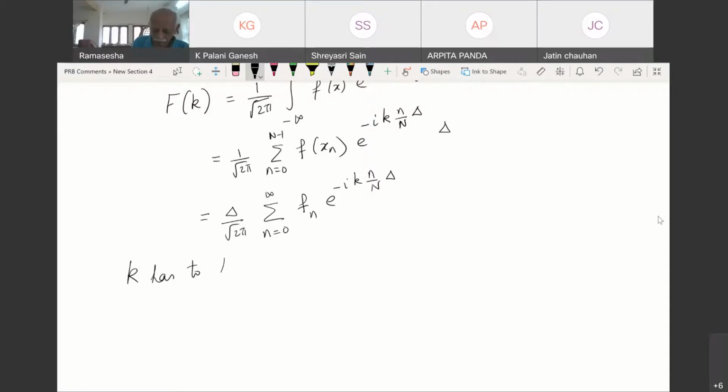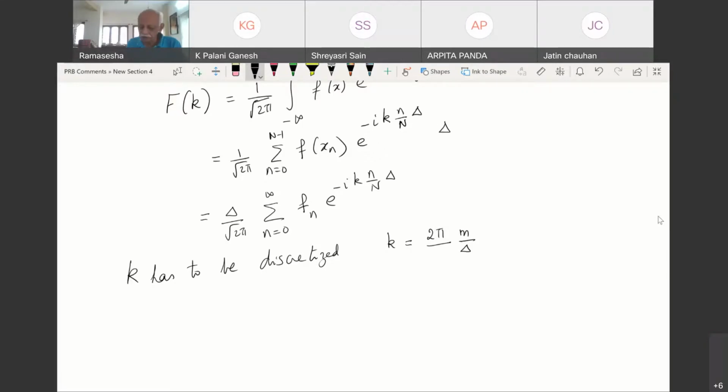So we say that k is equal to 2 pi by N delta, I can write it as 2 pi times some m divided by N delta. Okay, so this is k.